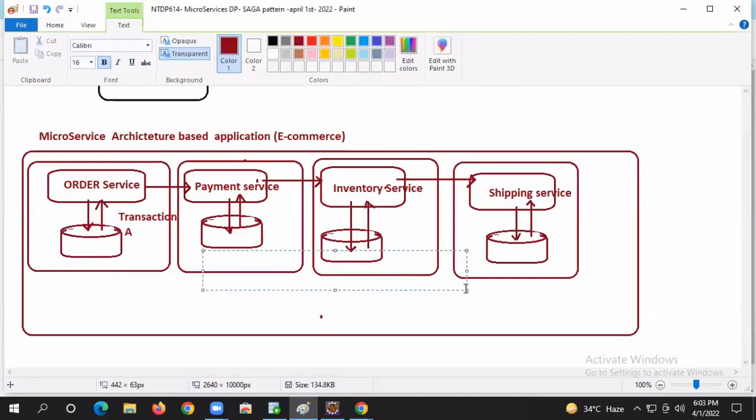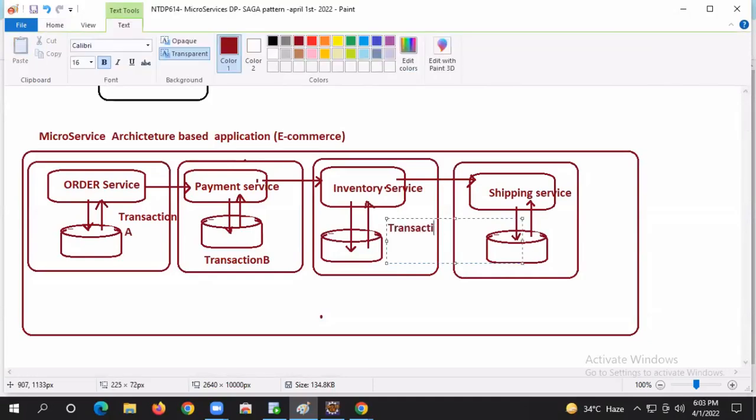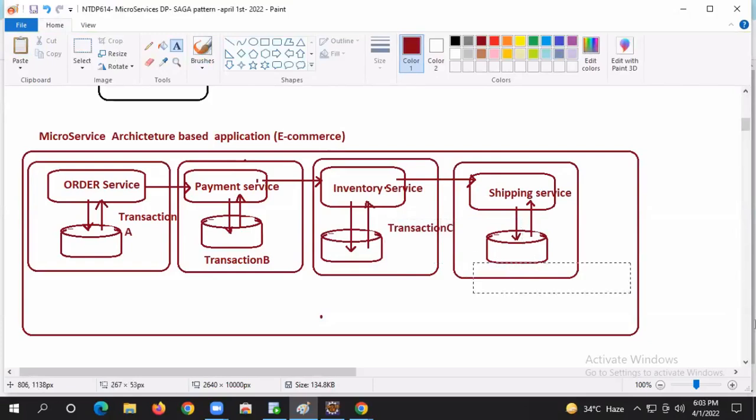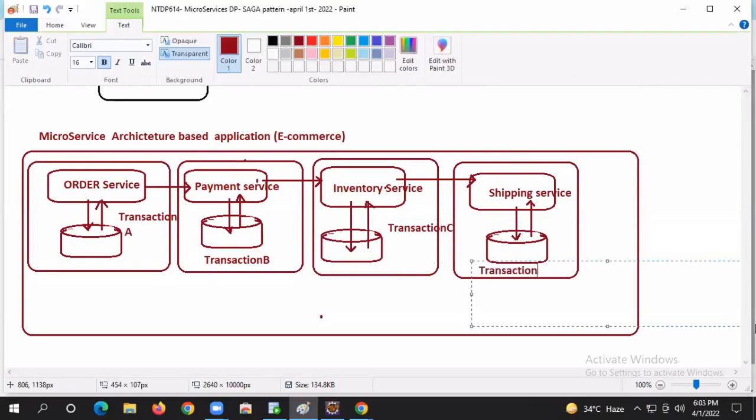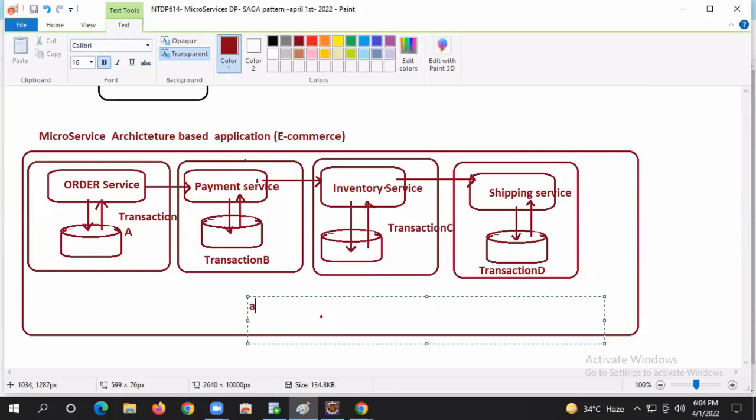Transaction B. Here transaction C. Here transaction D. And all transactions together should be treated as a single transaction.